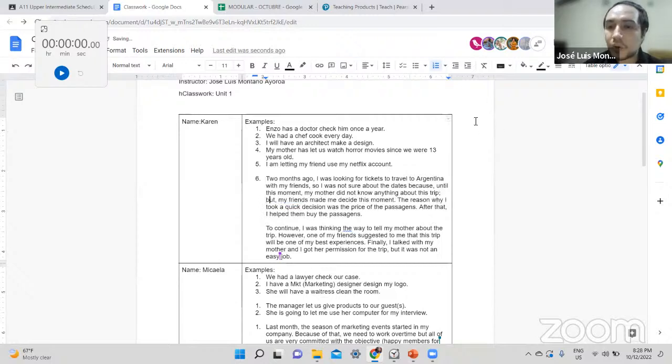And only when you feel that you had too many commas before and too many commas afterwards. But even if you feel that this idea is too strong, you can decide not to use comma, all right? With that also, you don't use comma afterwards, only but. Semicolon, but my friends made me decide this moment.